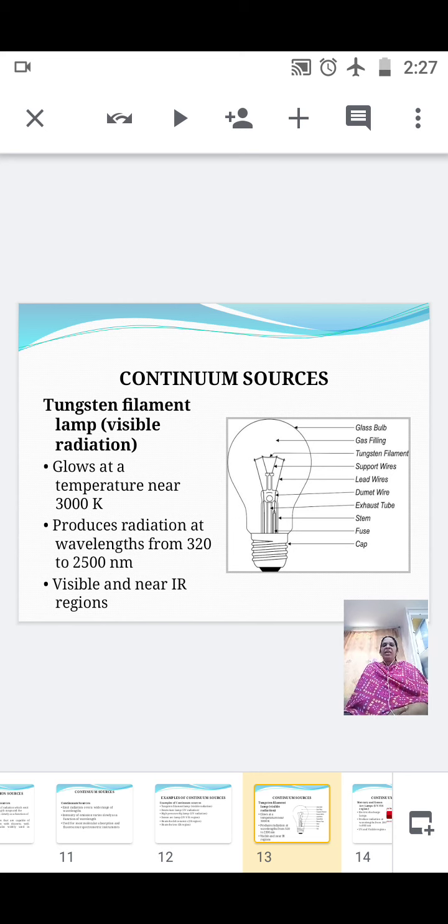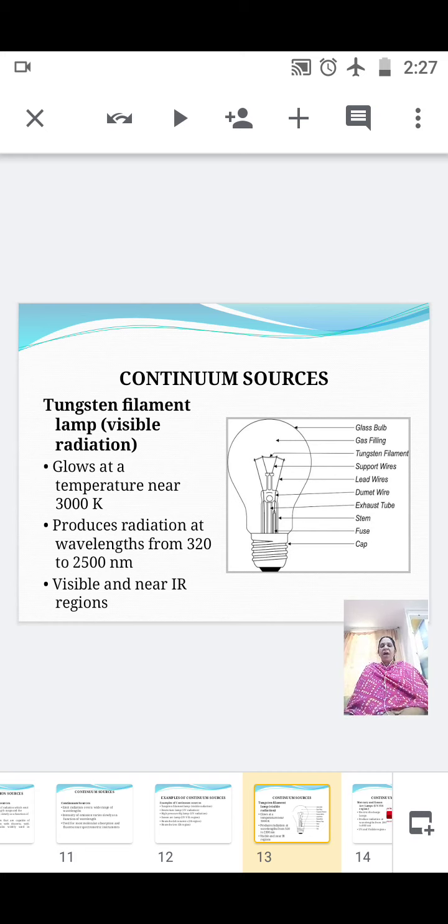Instead of using only the tungsten lamp, we are using tungsten halogen lamps to increase the lifetime of the lamp, because the life of the tungsten halogen lamp is limited by sublimation of the tungsten from the filament. Tungsten halogen lamps are a special class with halogen gases filled inside the bulb.